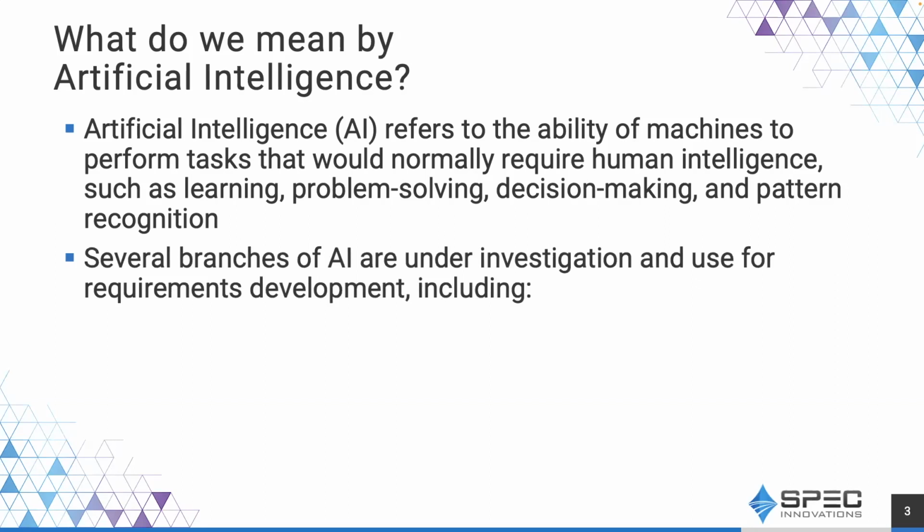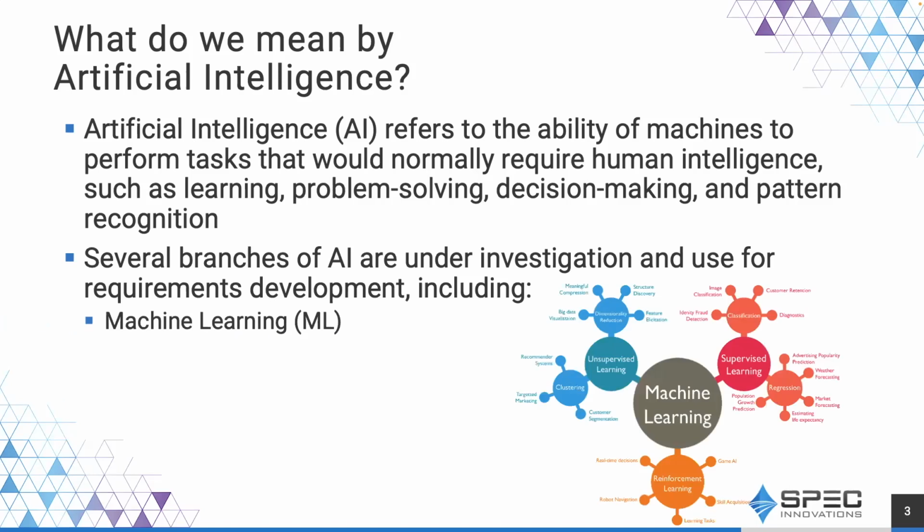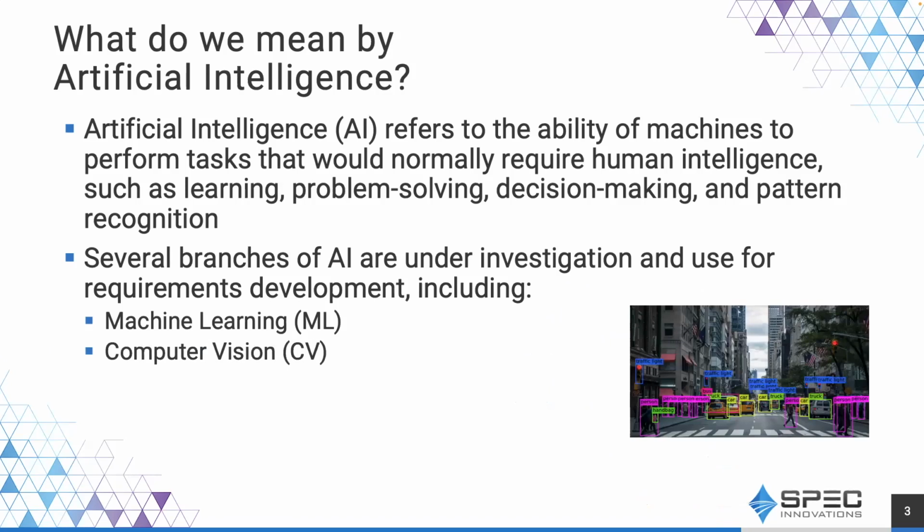And in fact, there are several branches of AI under investigation and use for requirements development, including machine learning. So that's actually a way to look at the words being used and how they're used, and then ultimately the idea is to come up with algorithms, which then form another part of it, which we'll talk about in a second.